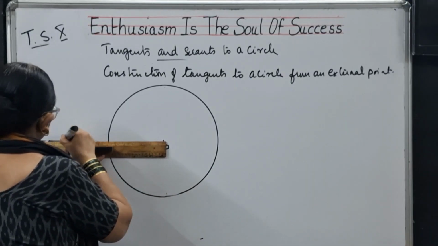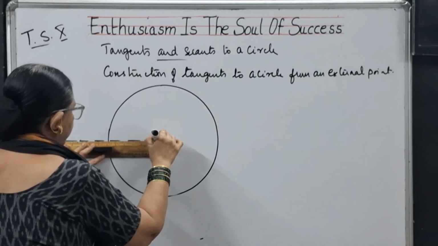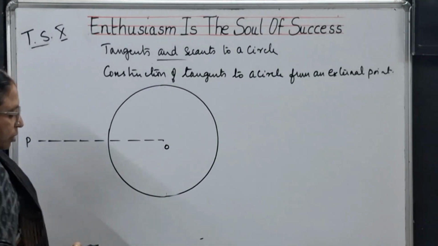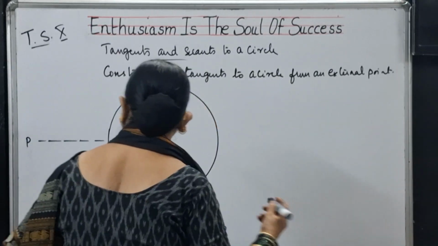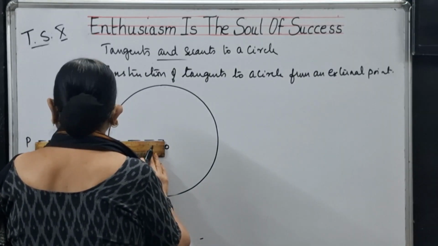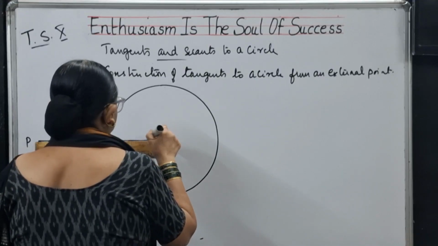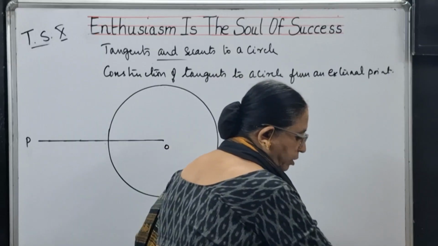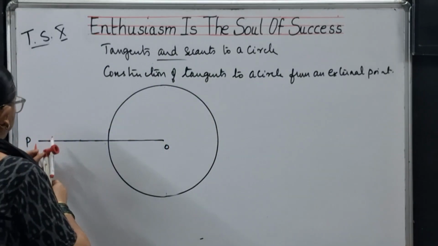This is the construction. So join OP. After joining OP, you have to draw the perpendicular bisector of OP.